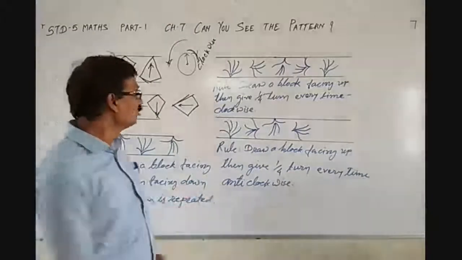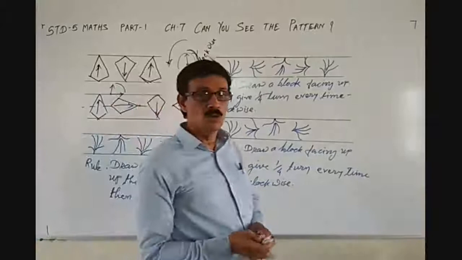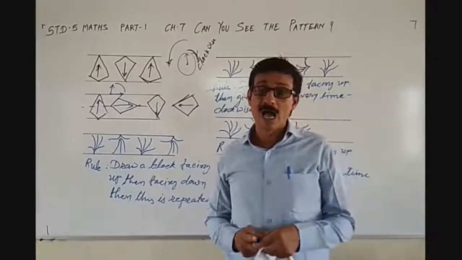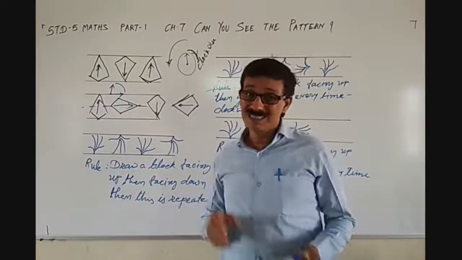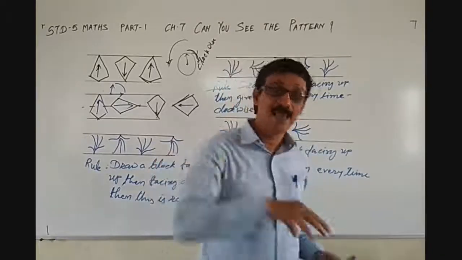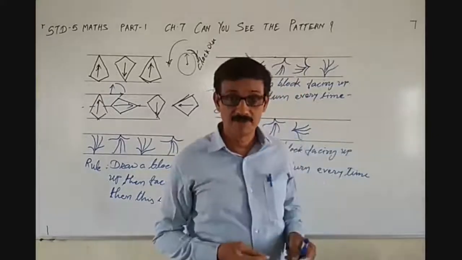Anti-clockwise. So this is the rule. Okay, so in this one we come to know how they are making the pattern, which type of rule they are applying on the pattern, so that it becomes a motif.